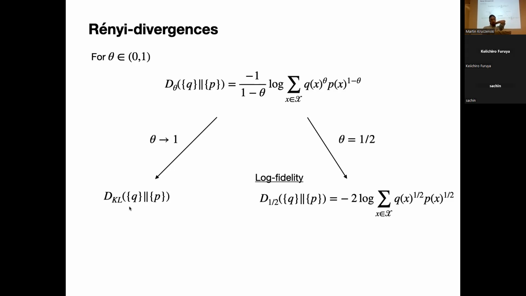When you bring theta to 1, you get the KL divergence. And if you pick theta equal to half, you get something called log fidelity, which is just taking a log of the fidelity. But if you take theta to be half here, you get this.